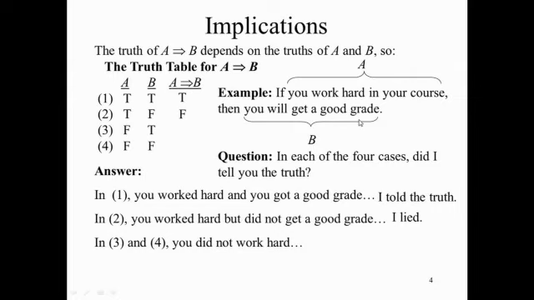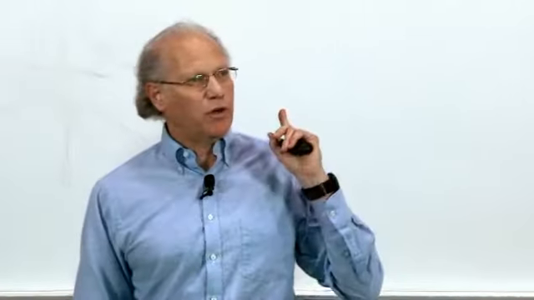I hope, therefore, that you would agree that I did not lie. In cases 3 and 4, you did not work hard. That's not my fault. So let's give me the benefit of the doubt and therefore say that I told you the truth.